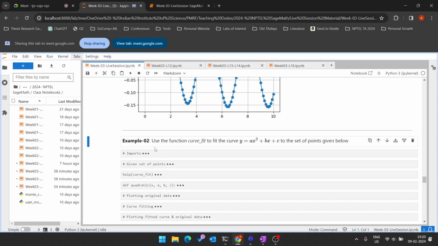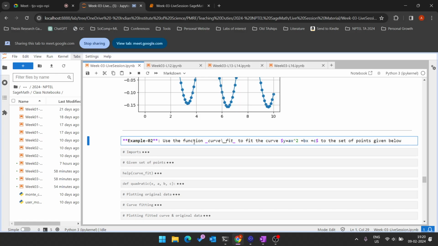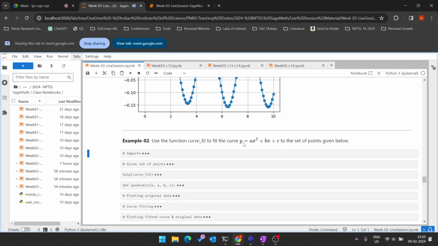So here we are being asked to use the curve fit function in SciPy and try to fit a curve of the type ax square plus bx plus c to the set of points given below.